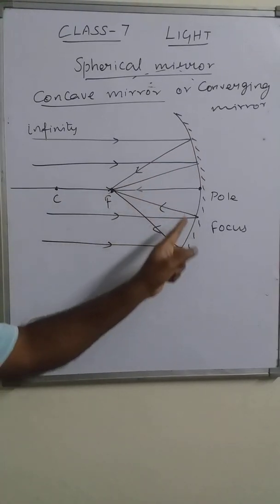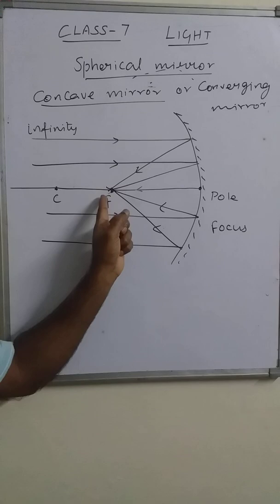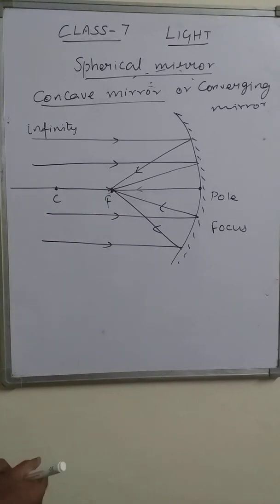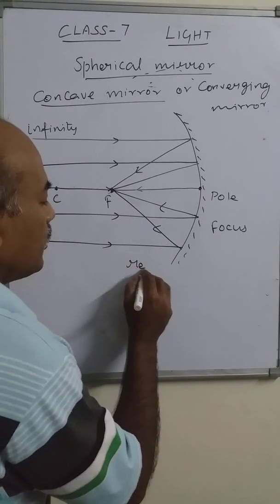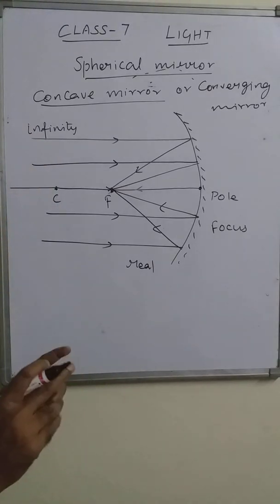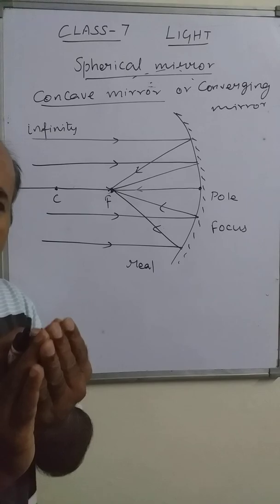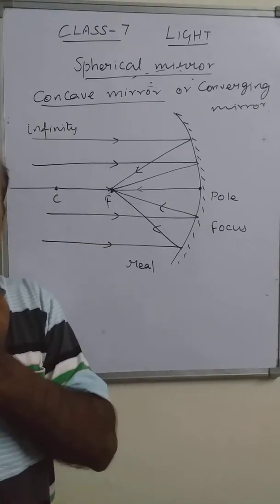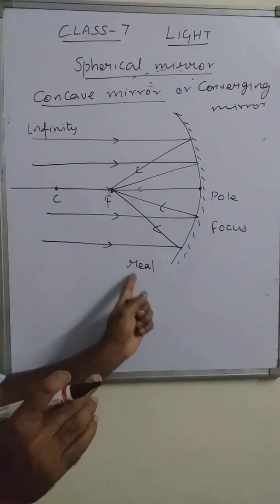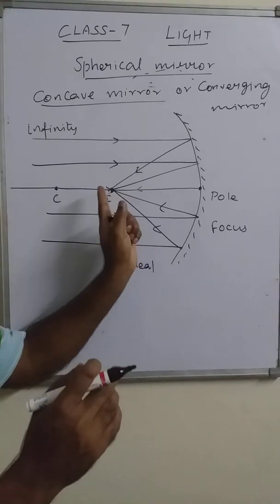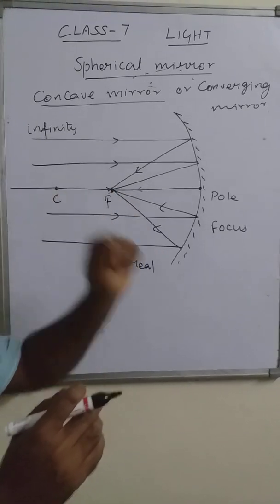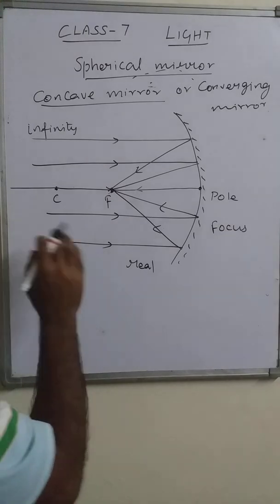Since all the light rays are actually meeting at this point, obviously the image is a real image. We have two kinds of images, real image and virtual image. Real image is the image formed due to actual meeting of light rays. Here the light rays are actually meeting, so the real image is formed, right? Okay.